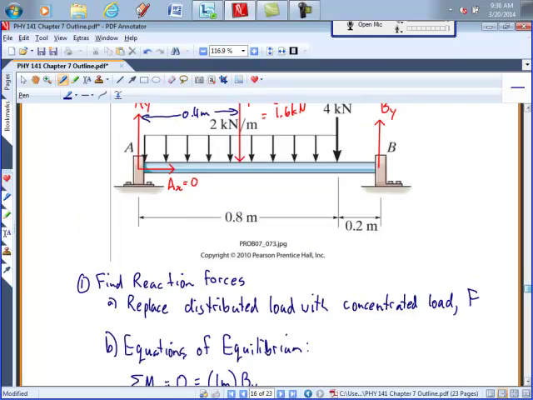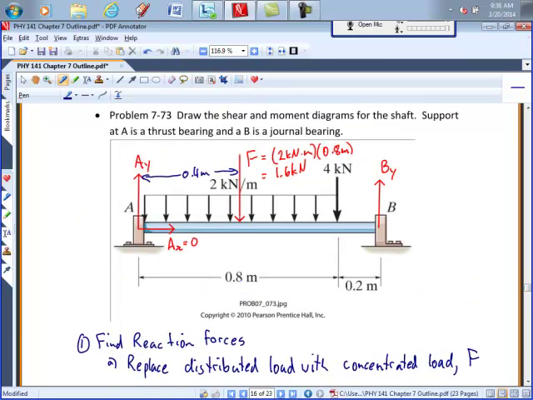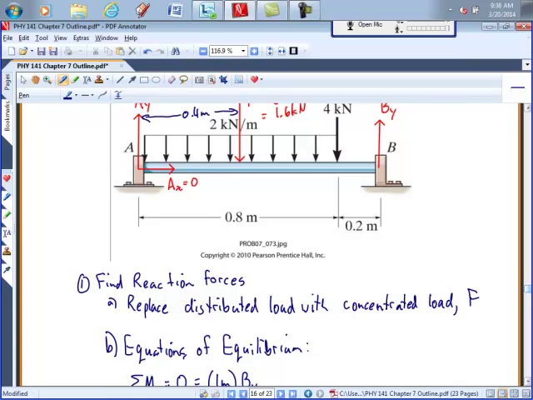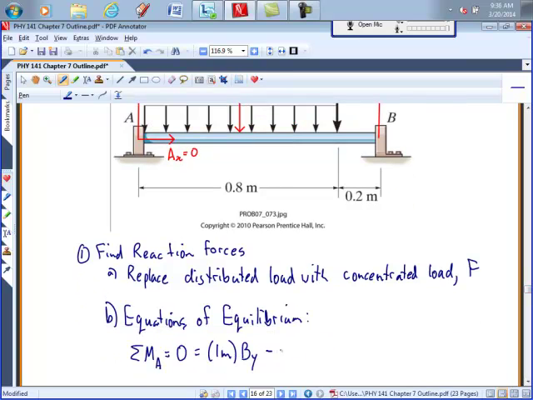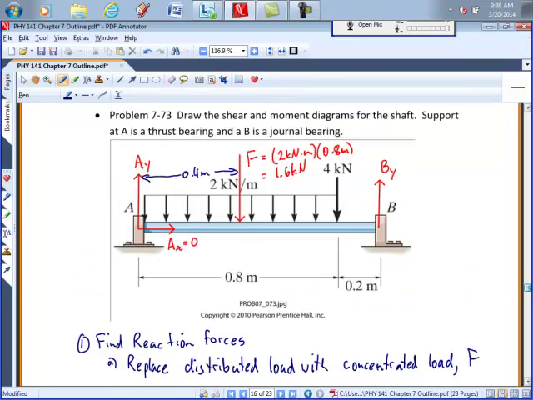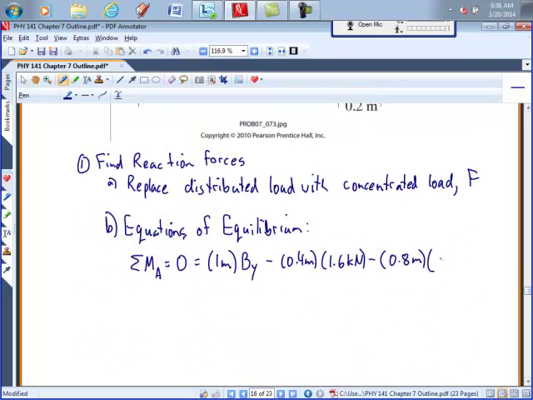And then there's going to be 2 negative moments, one from the distributed load at 0.4 meters, and one from the concentrated load at 0.8 meters. The concentrated load is 4 kilonewtons.